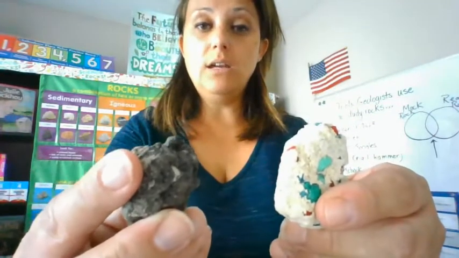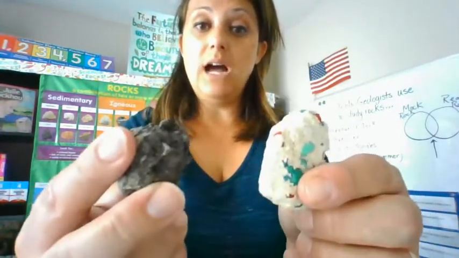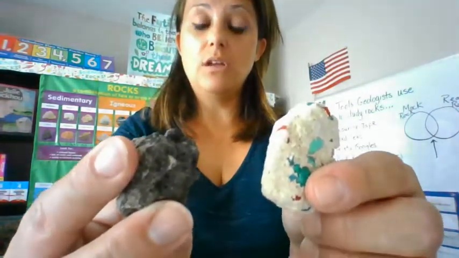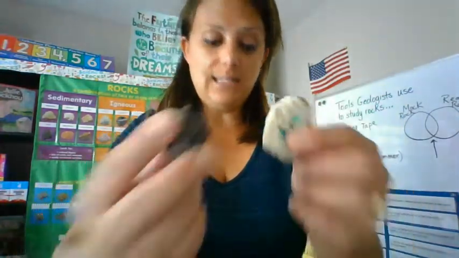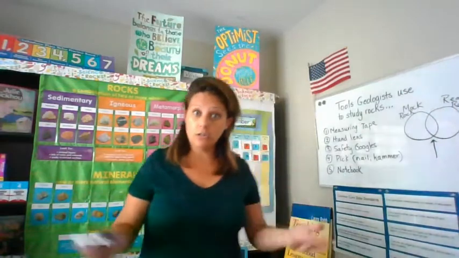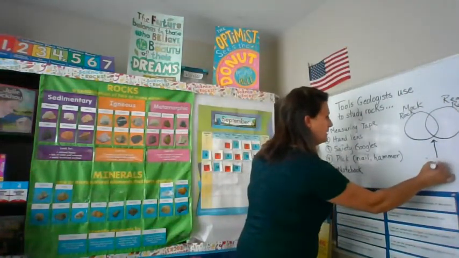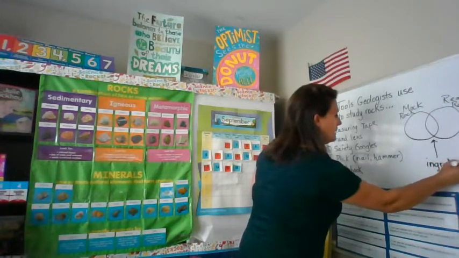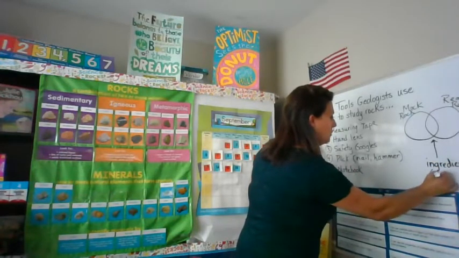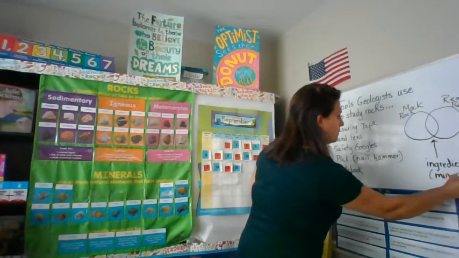The real rock and the mock rock have something in common, and that is that you notice there are different things inside. I'm going to call those things ingredients, which we're later going to learn are actual minerals. So what they have in common is ingredients, or minerals.